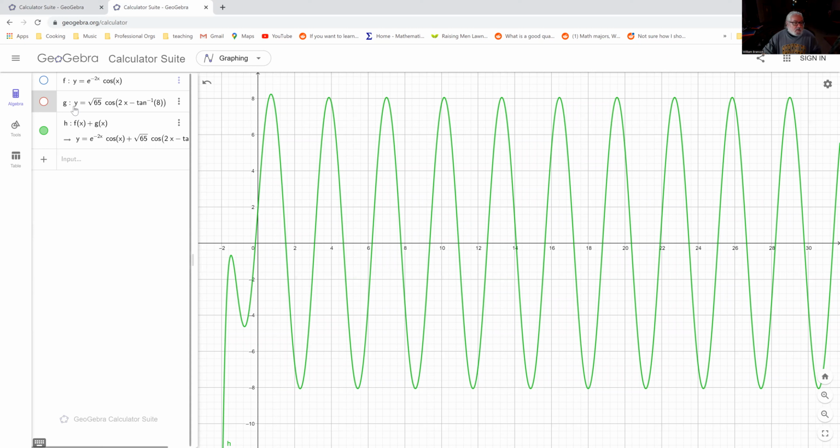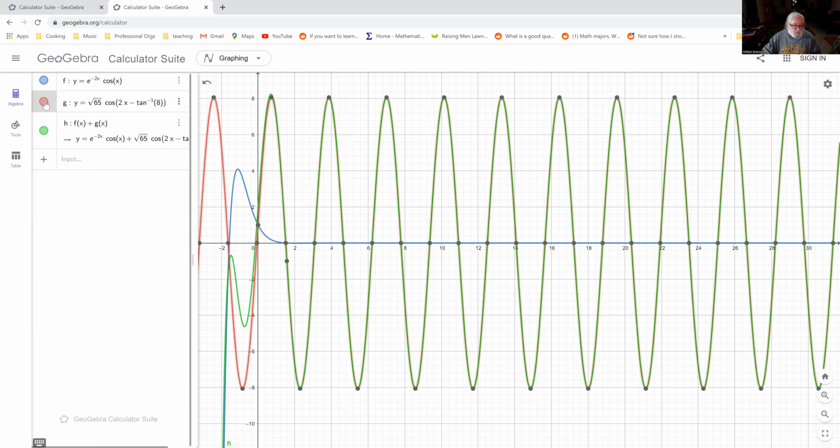So again, we can turn on the homogeneous solution. That's this blue curve. And the homogeneous solution, the way I graphed it, oscillates a little bit, but e to the minus 2x just drives it down to 0 really, really quickly. Square root of 65 cosine 2x minus arctangent, that's this red curve.